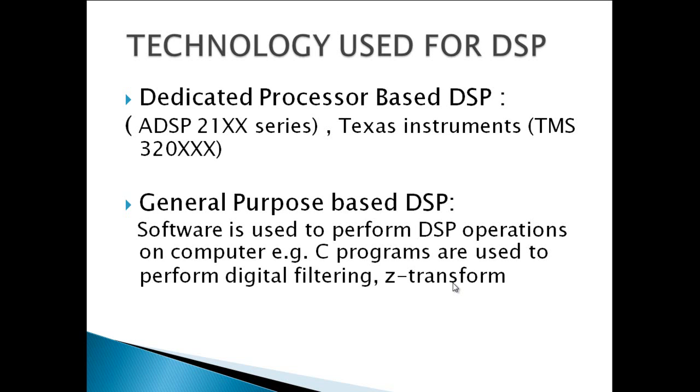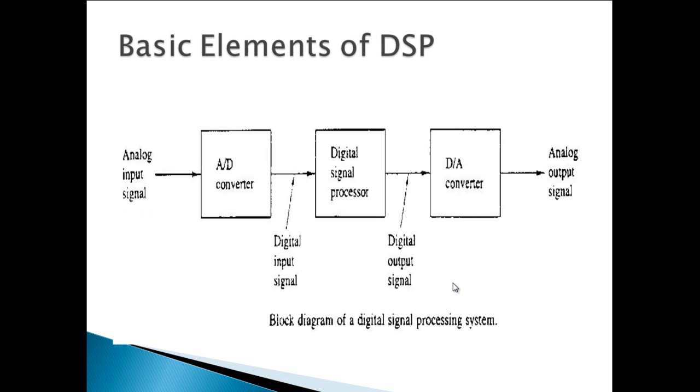The technology of computers, such as networking, storage, and printing, can easily be shared. These are the two technologies that we use for DSP: one is dedicated processor based DSP, the next is general purpose based DSP. So the basic elements of DSP: first, since it's digital signal processing, it won't accept an analog signal, so you need to convert it into a digital signal.